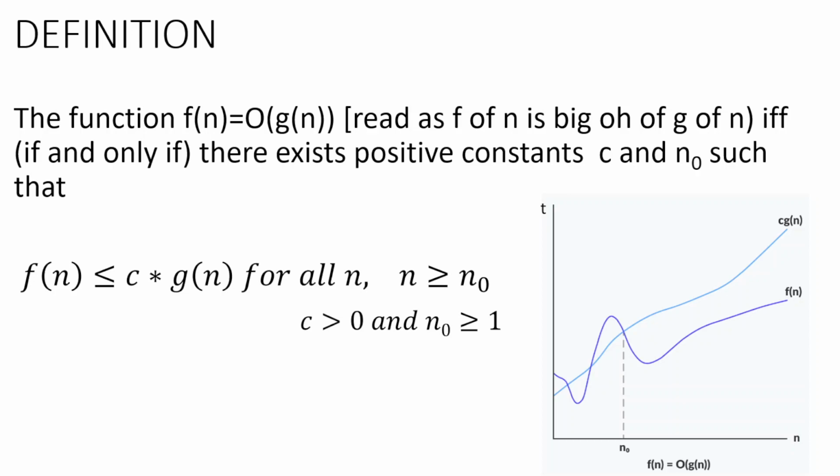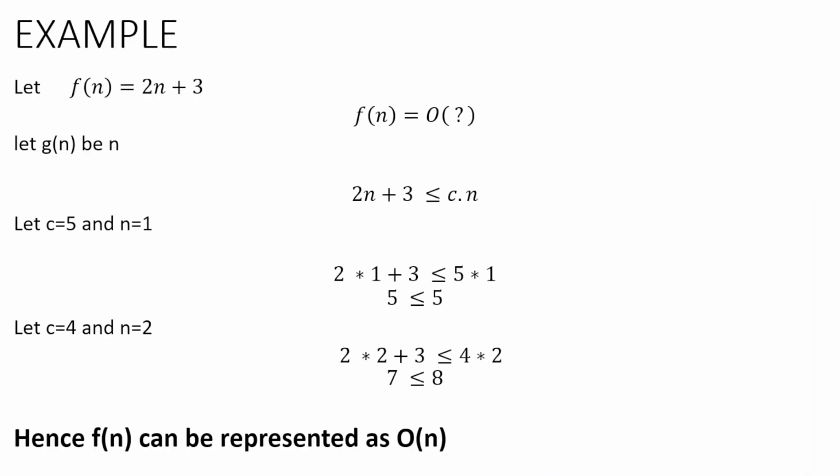To understand this better, let us take an example. f of n equal to 2n plus 3. Now, in order to represent this in terms of big O notation, we have to find a g of n, and a constant c into g of n should be greater than f of n. Now let us assume g of n to be n. Substituting it in the mathematical function we have learned, 2n plus 3 will be less than or equal to c into n.